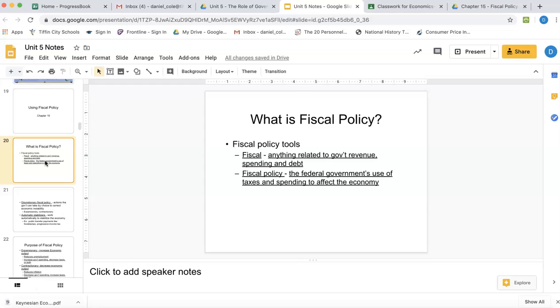In some way, every single one of those affects the economy because it's government spending. And every tax dollar that the government receives or raises is part of fiscal policy because they're taking money from us and providing services for us. Okay, but it's all about trying to affect the economy.